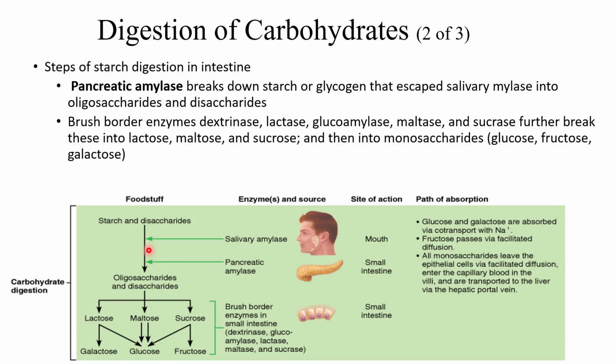But anything that escapes it is broken down in the intestine with the help of pancreatic amylase. Then brush border enzymes take over, breaking them into lactose, maltose, and then the monosaccharide forms.